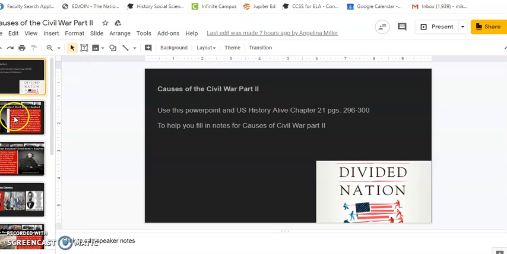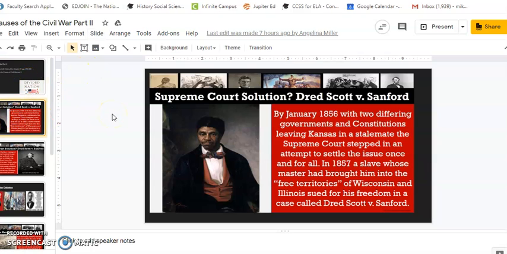All right, so we're going to start off talking about the Supreme Court decision, which was Dred Scott versus Sanford. If you're not familiar with Dred Scott, he was a slave from Missouri who was owned by a doctor whose name was Dr. Emerson.